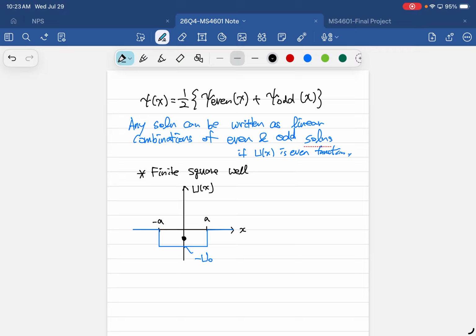Imagine this is essentially a finite sized bucket, and within that bucket we are putting a particle. Then we are going to look into how this particle behaves. We are going to look again at the energies that this particle can take, and the position and velocity, etc.